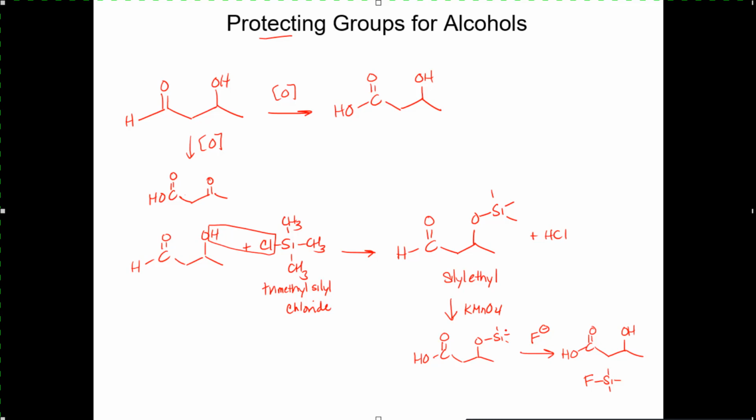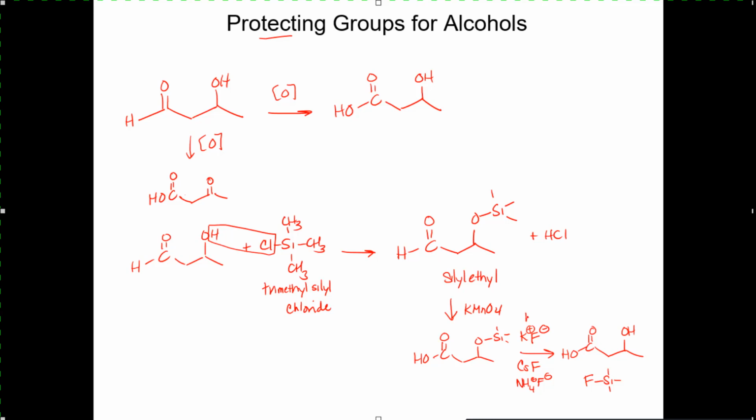So if you want to remove this trimethylsilyl group, you add fluoride. It might be just easier to say, I'm going to add potassium fluoride. Sometimes people use cesium fluoride as well. Sometimes people use ammonium fluoride. Any fluoride will work.